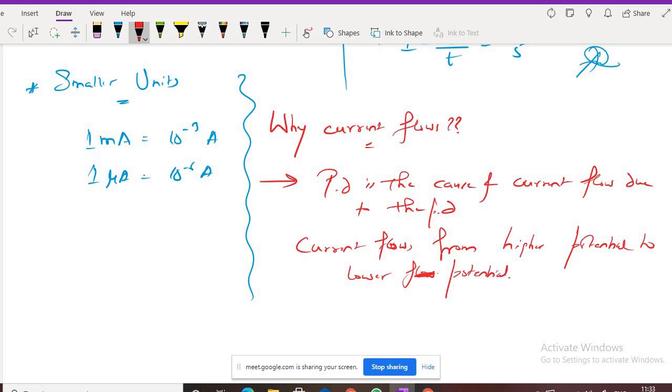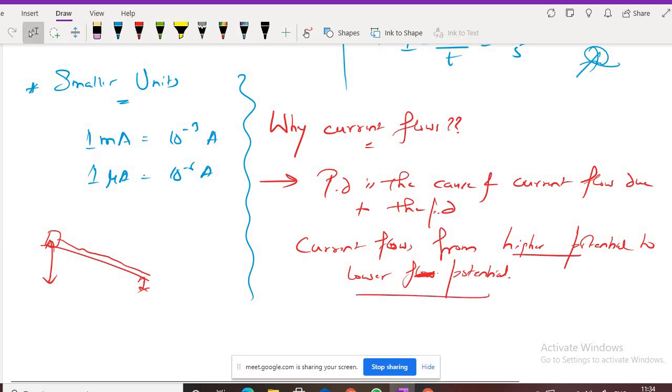As we know, water flows from higher height to lower height; if I drop water from here, it will come down like this. Similarly, current also flows from higher potential to lower potential. Tell me yes or no. If somebody asks you why current flows, it is due to the potential difference across the conductor. If there is a potential difference across the conductor, then only current flows.